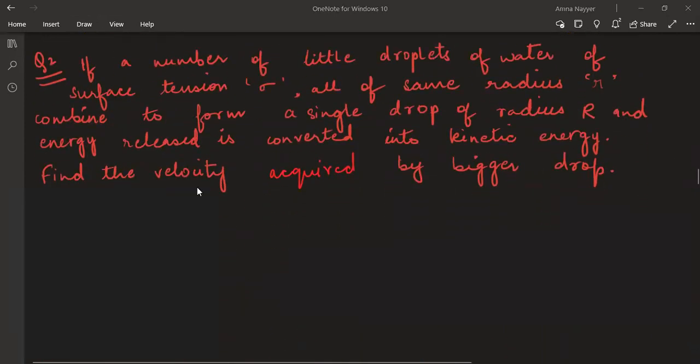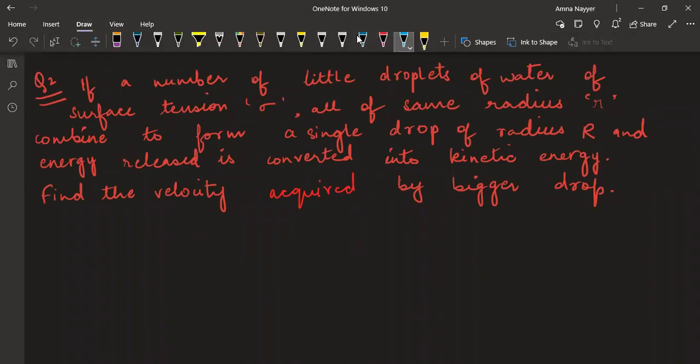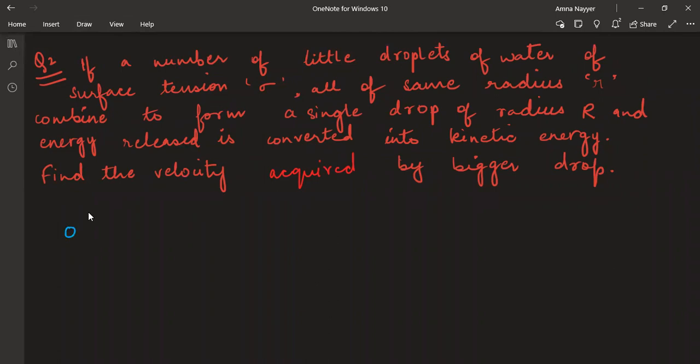Here this question says that a number of little droplets of water of surface tension sigma are there. All these tiny droplets have the same radius r.